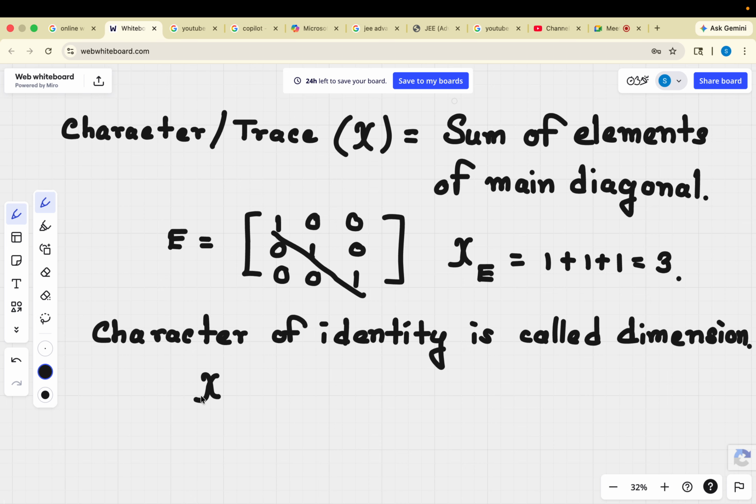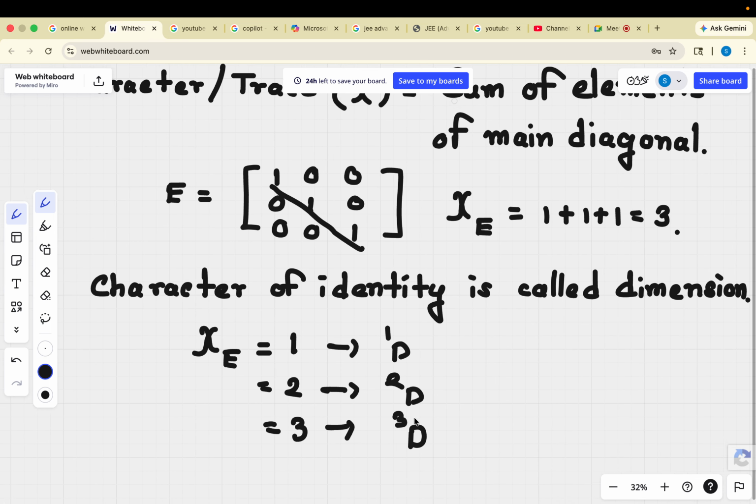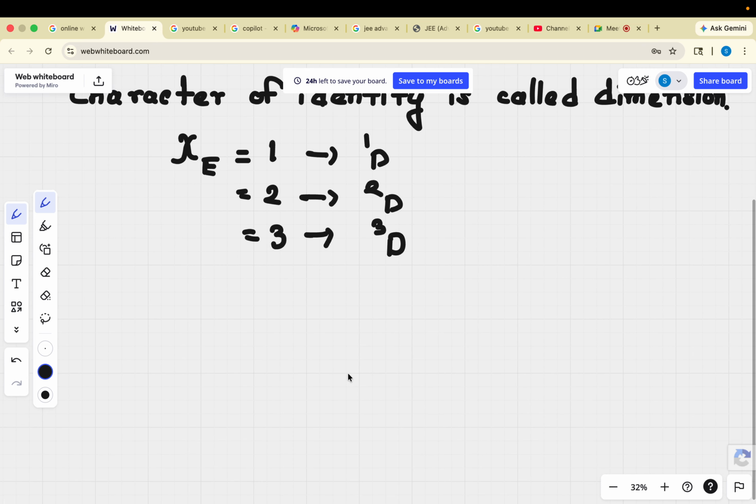So basically I can write down chi E is equal to 1. If you are getting one value, that means it represents 1D. If you are getting two values, it represents your 2D. And if you are getting 3, that means it represents 3D. Okay, so character of identity is called dimension.